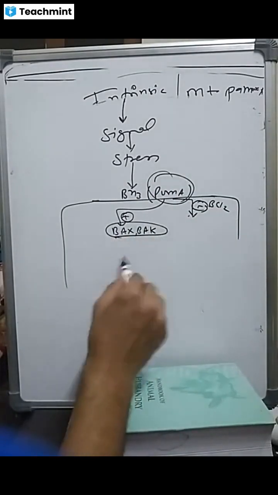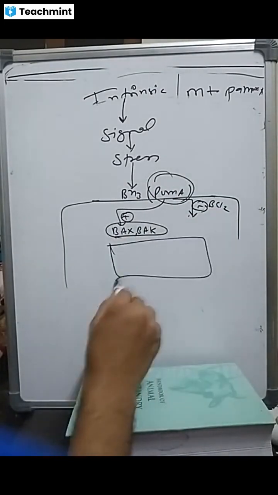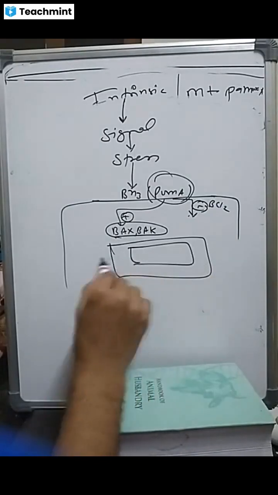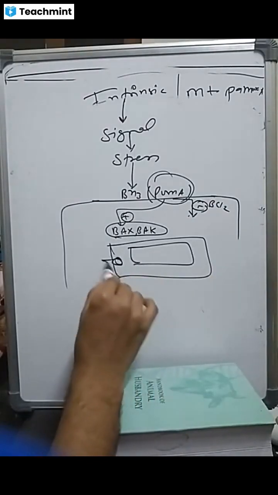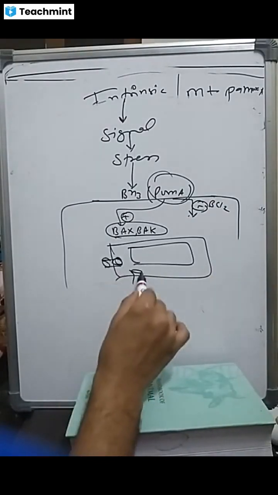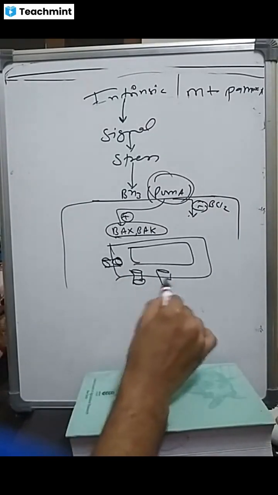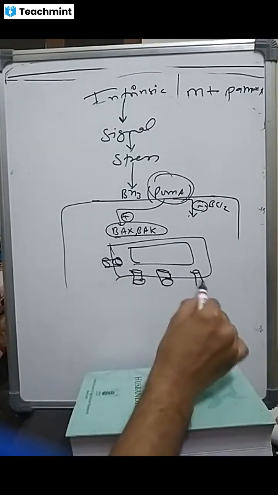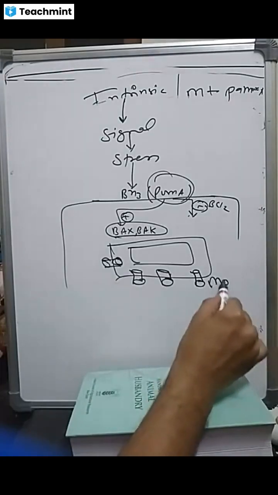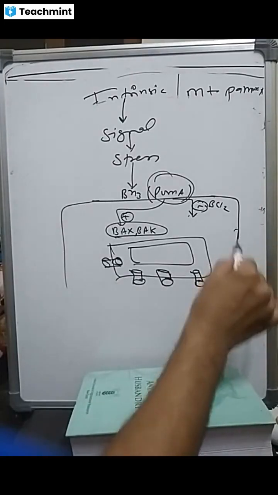BAX and BAK come to the outer membrane and form pores, MOMP, outer membrane pores.